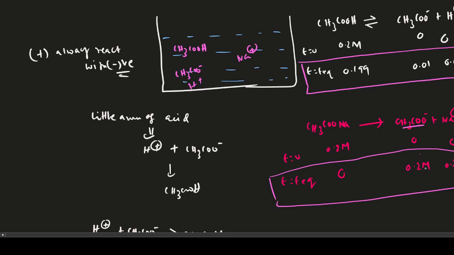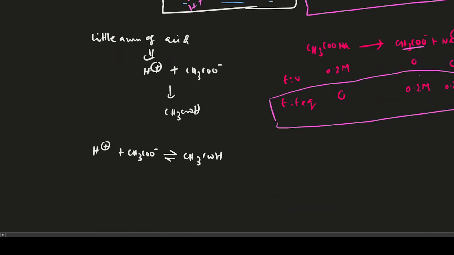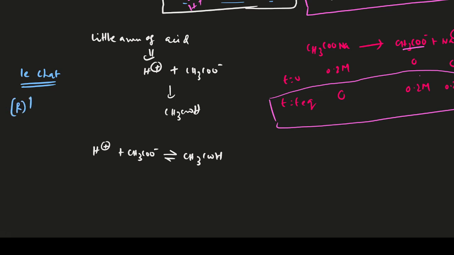Another thing, Le Chatelier's principle, what does it say? You write Le Chatelier's principle: if the concentration of reactants increases, then the forward shift occurs, and if the concentration of product increases, then the backward shift occurs. This is what is given by Le Chatelier's principle.